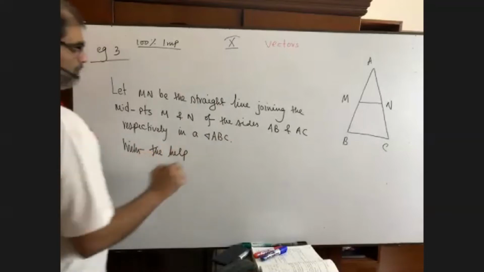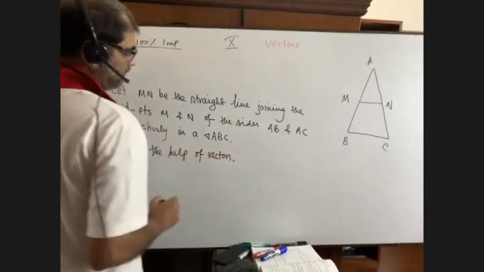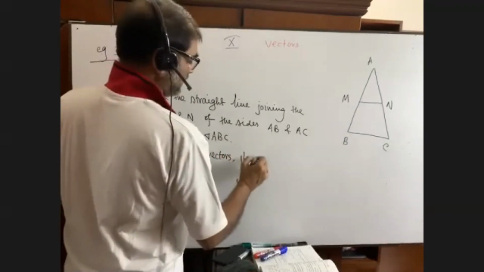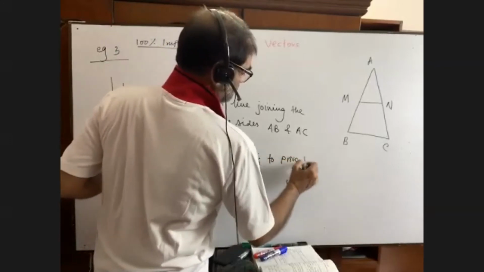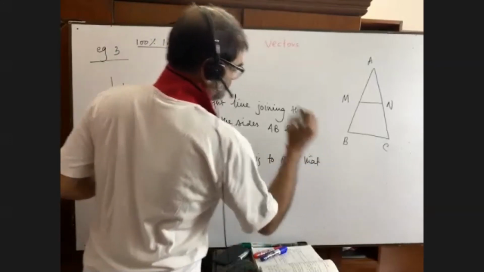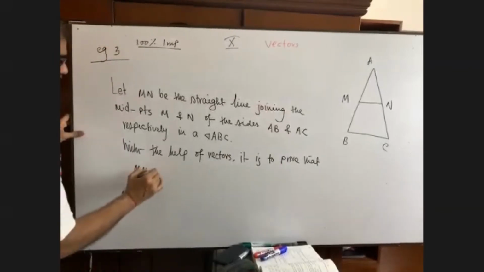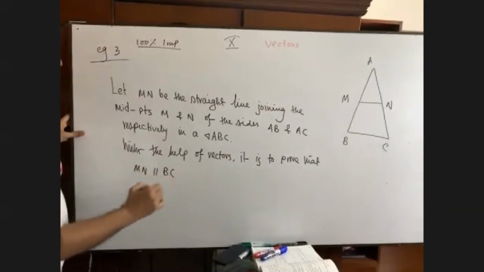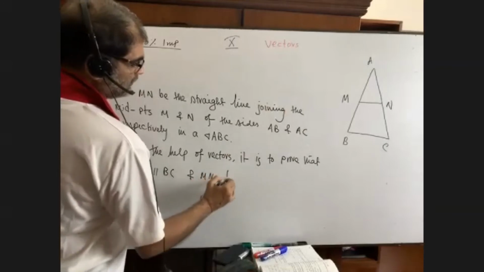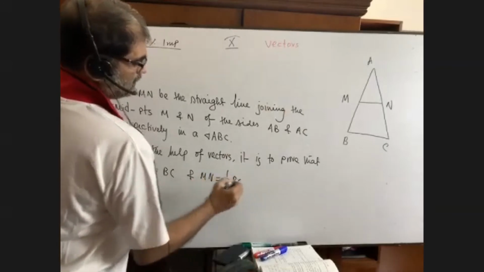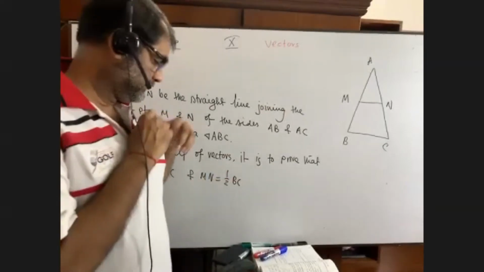With the help of vectors, it is to prove that MN is parallel to BC and MN is half of BC. I think you have got it.